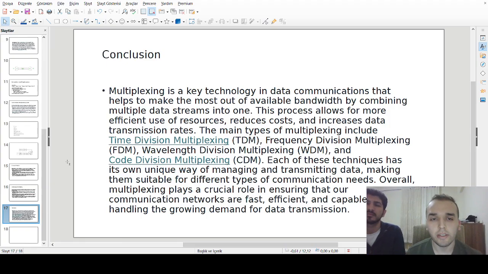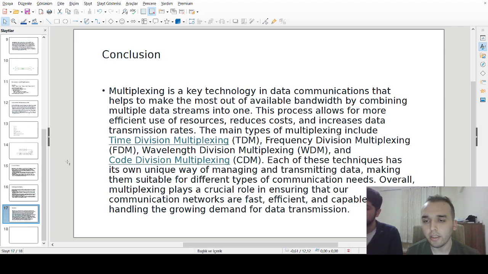Conclusion: multiplexing is a key technology in data communications that helps to make the most out of available bandwidth by combining multiple data streams into one. This process allows for more efficient use of resources, reduces cost, and increases data transmission rates. The main types of multiplexing include time division multiplexing TDM, frequency division multiplexing FDM, wavelength division multiplexing WDM, and code division multiplexing CDM.